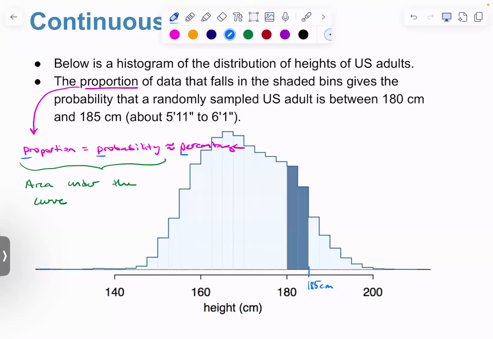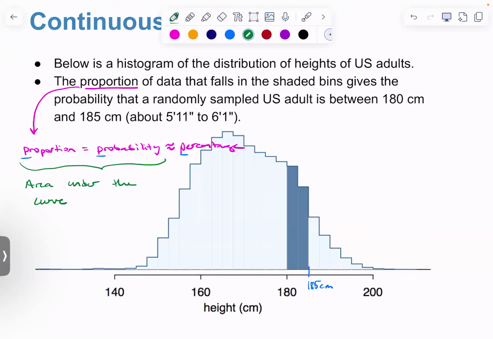And so the proportion of data between 180 and 185 centimeters will translate to the probability of a randomly selected individual being between 180 and 185 centimeters.